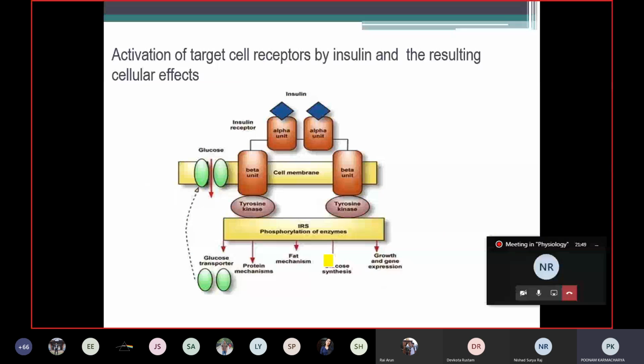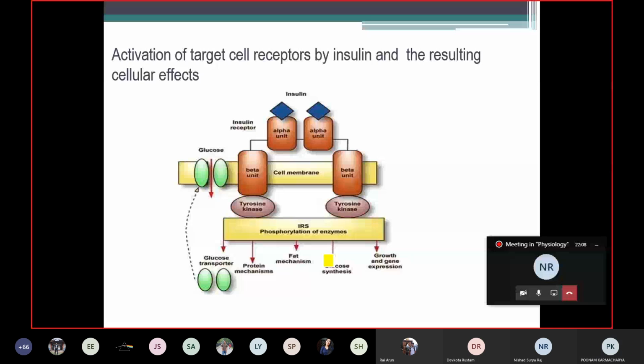Now this insulin which has been released from the beta cells is going to go to the target cells. It will cause activation of the target cell receptors, the insulin receptors, and thereby bring about the cellular effect.